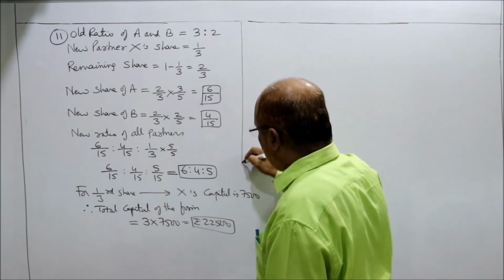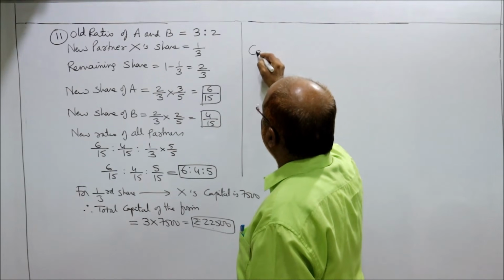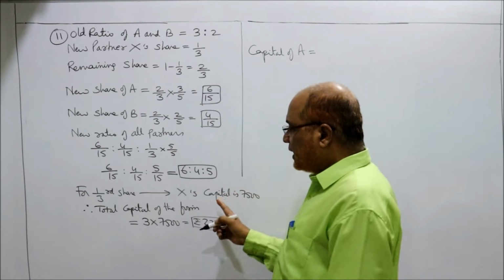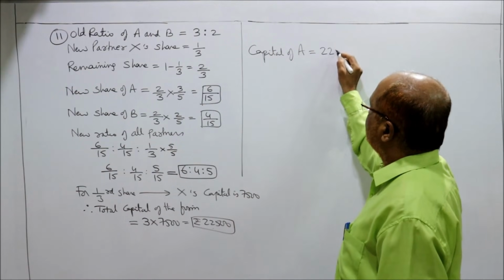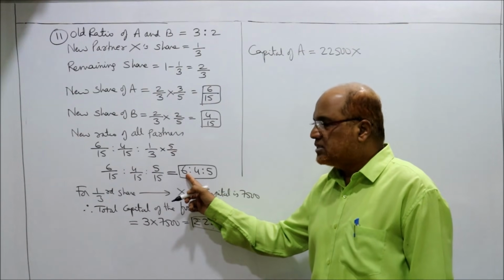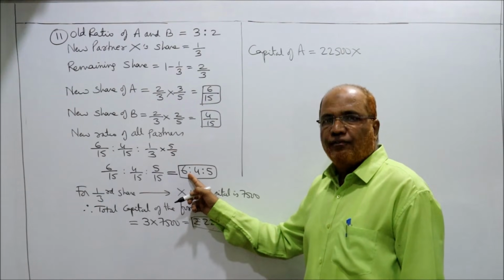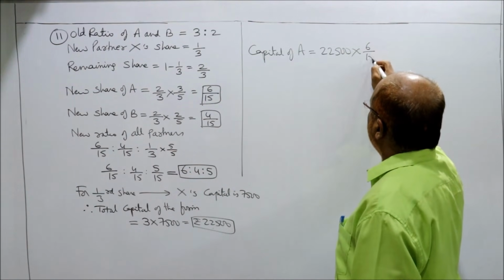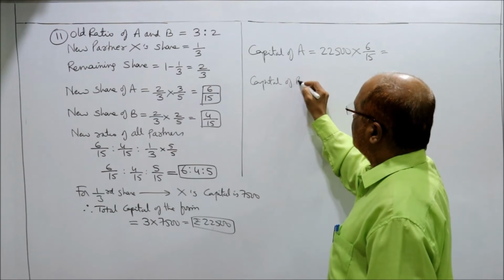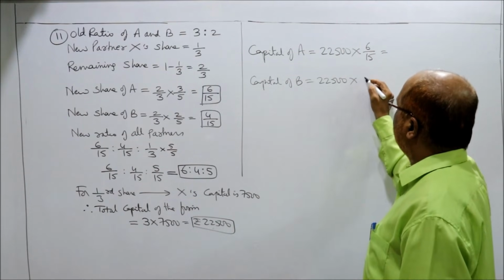Now this 22,500, how much should be the capital of A? Total capital 22,500 into what is the profit sharing ratio of A? 6/15. Capital of B into 4/15.